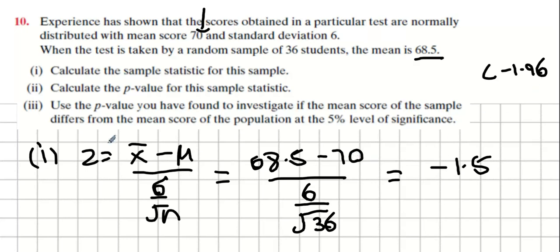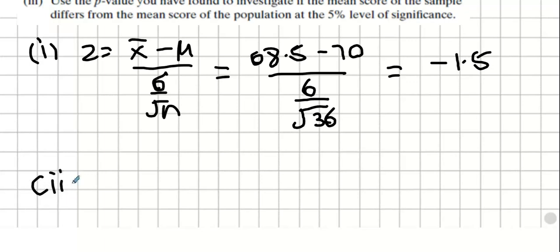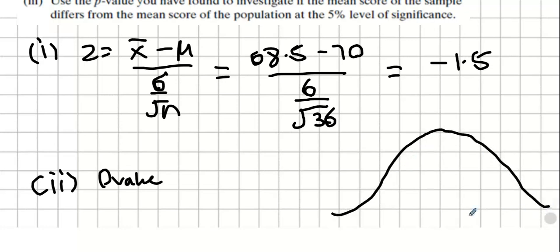Now, question 2 is the p-value. Here's how we're going to do the p-value. I'm going to say minus 1.5 here and 1.5 here. Vice versa, if my answer was plus 1.5, I'd still use 1.5 and minus 1.5.